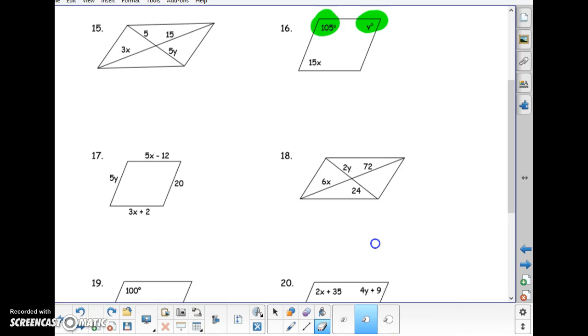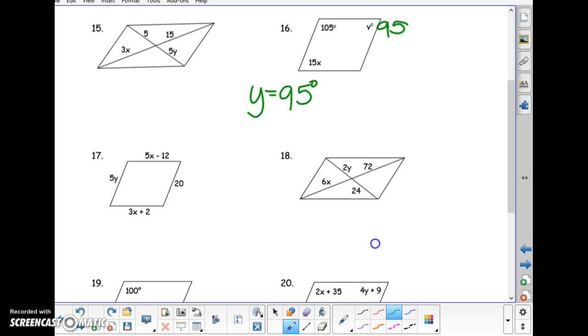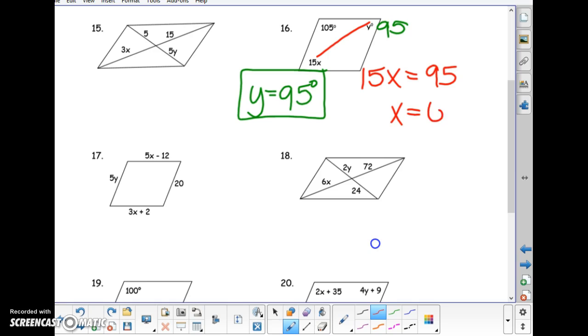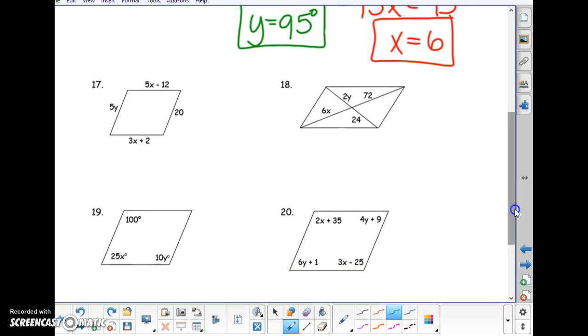So I'm going to end up figuring out that y is 95 degrees, 180 minus 105. All right, well now let me use the idea that opposites are congruent. That is nice. So I know now that 15x is also 95, and when I solve that, I'm going to get x is 6.